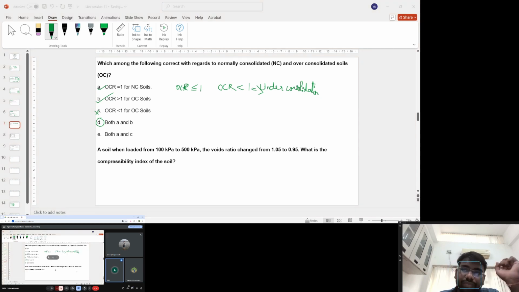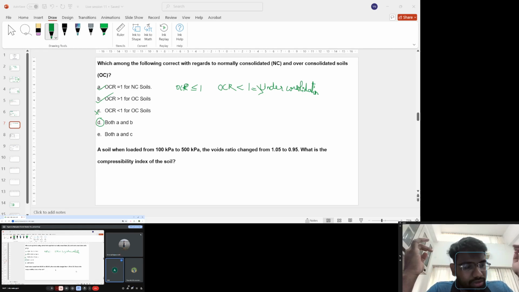A small extension about this question. Why do most of the textbooks not discuss under consolidated soils? Somewhere I read that these are only made up soils. Municipal waste material which is dumped is a normal example of under consolidated soil.